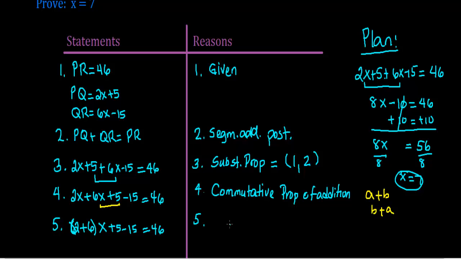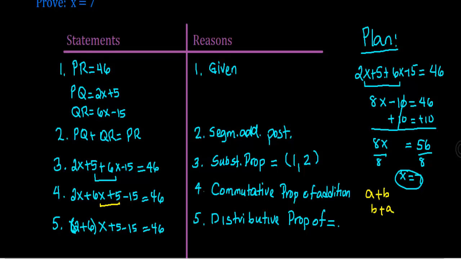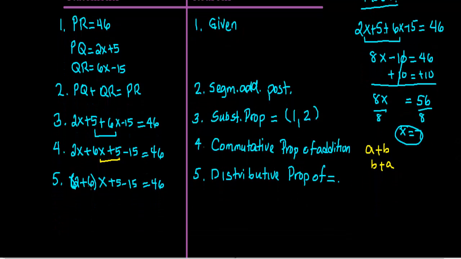And I can do this by the distributive property of equality. So there's a reason for each little thing that we do. Now that I have 2 plus 6 in parentheses, these are just basic numbers, basic addition, I can go ahead and say 8x minus 10 is equal to 46.